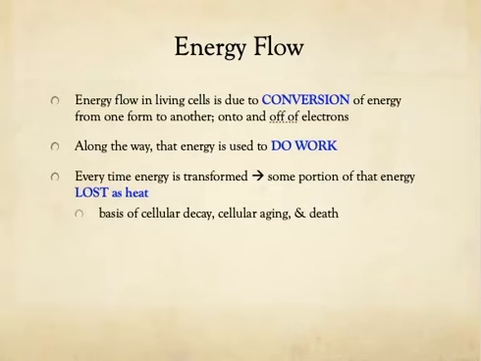But another reason that cells age is because during every chemical reaction that goes on in a living cell, a little bit of the energy that is in motion during that reaction is going to get lost as heat. So even when the cell does transform the energy or store the energy, a little portion of it will be lost as heat. This is part of the reason, again, that cells don't live forever.